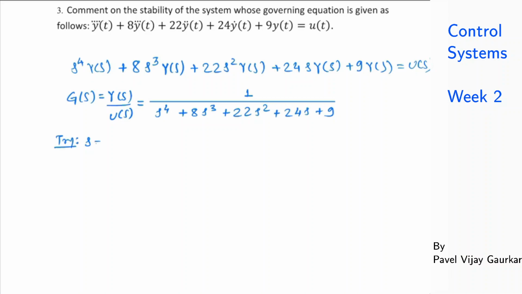We'll try s equals to minus 1 to find the roots of the denominator polynomial.